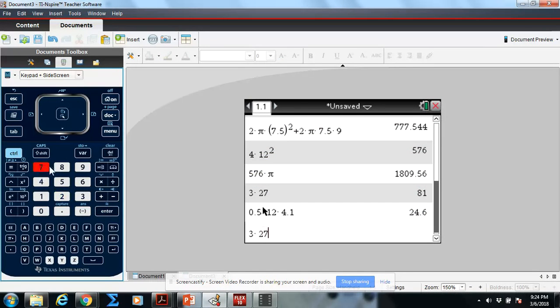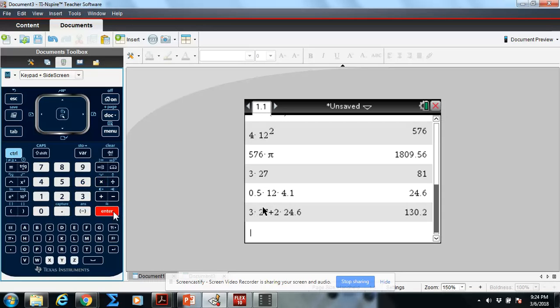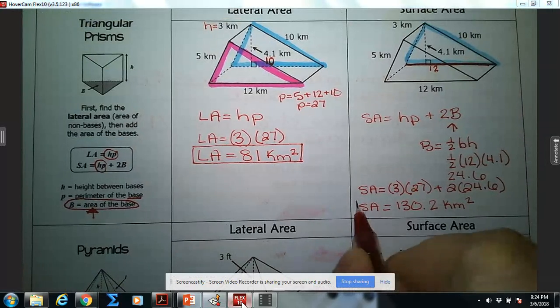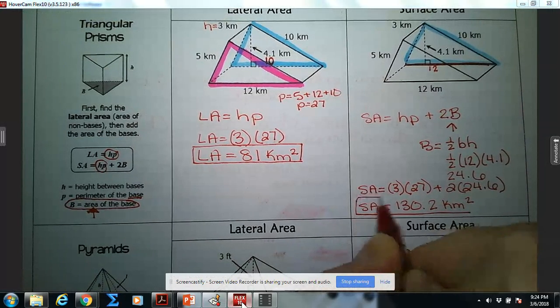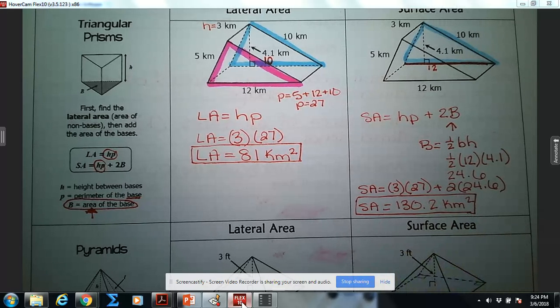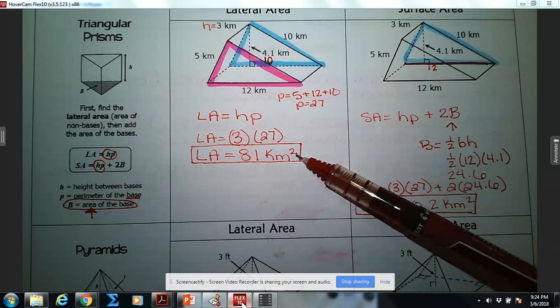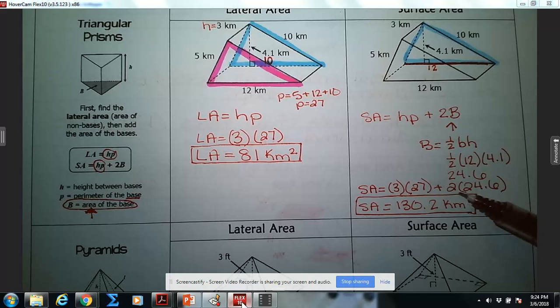So you could either type in 81 or just type in the formula, plus 2 times the 24.6 we just got for B. I'm getting a total surface area of 130.2 kilometers squared. So that is the lateral area plus 2 more triangle bases.